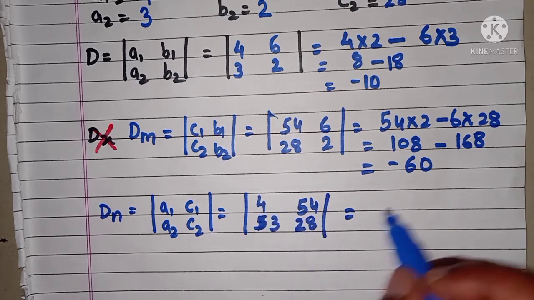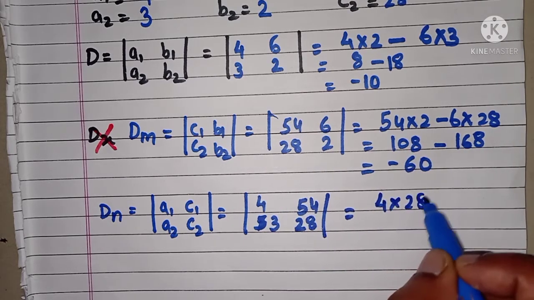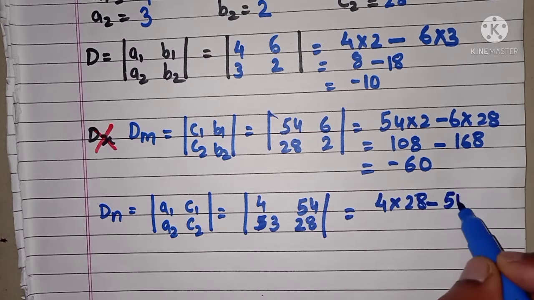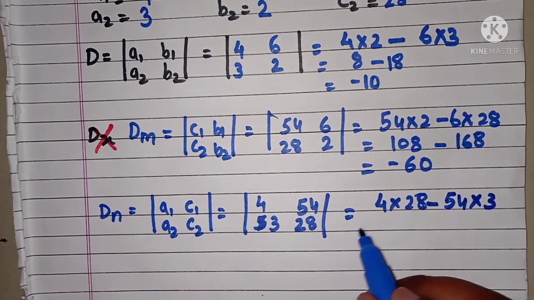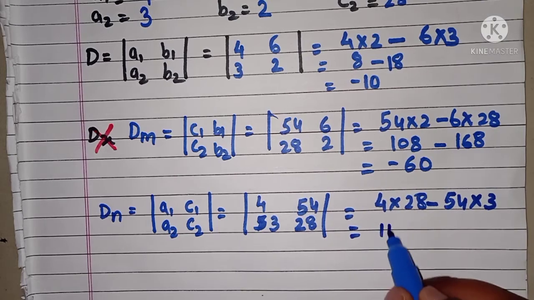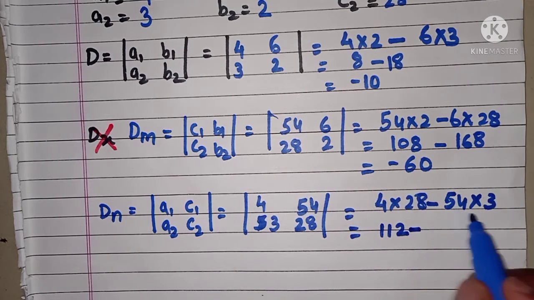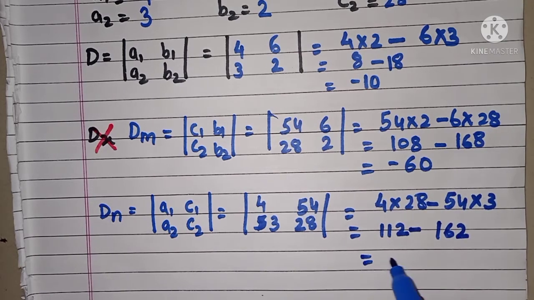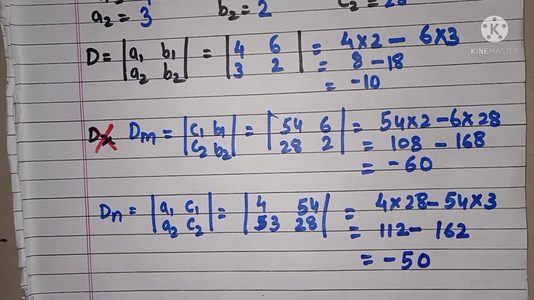So 4 into 28 minus 54 into 3. If you will multiply this, you will get 112, minus if you will multiply this, you will get 162, and the answer you got is minus 50.